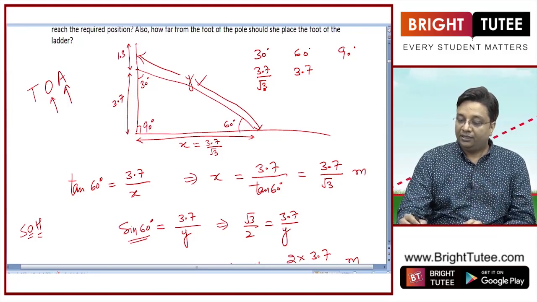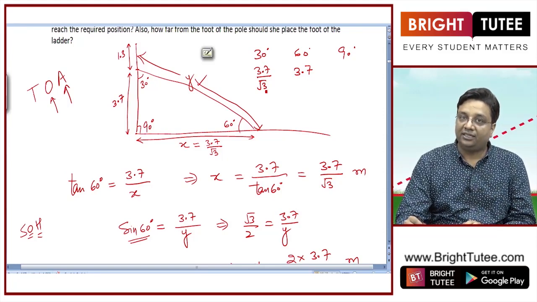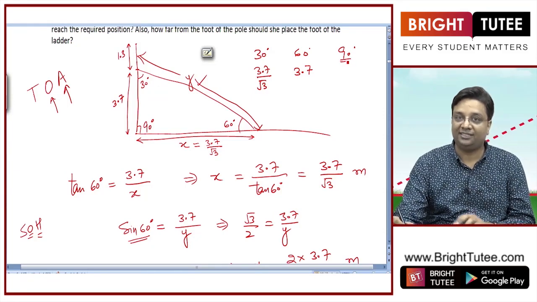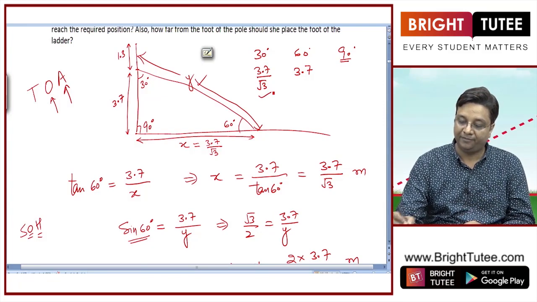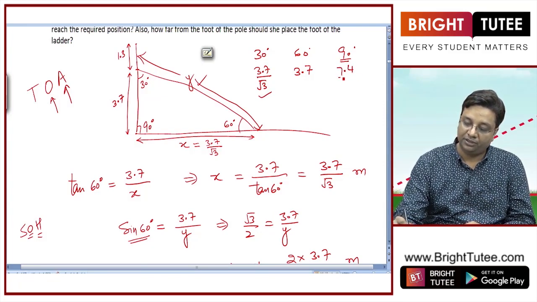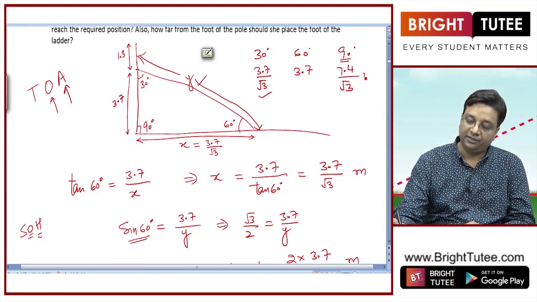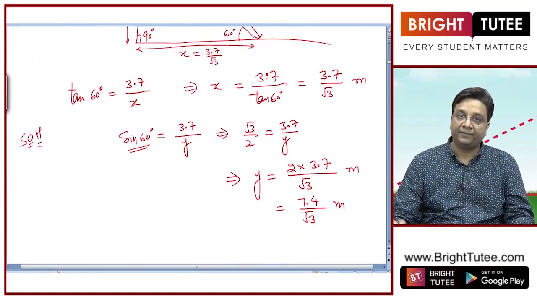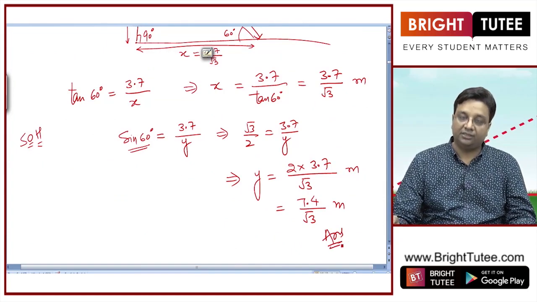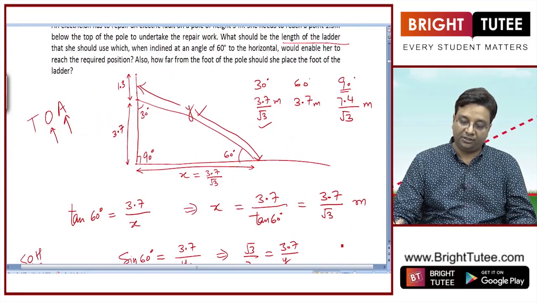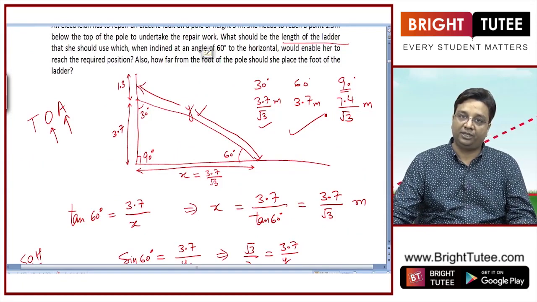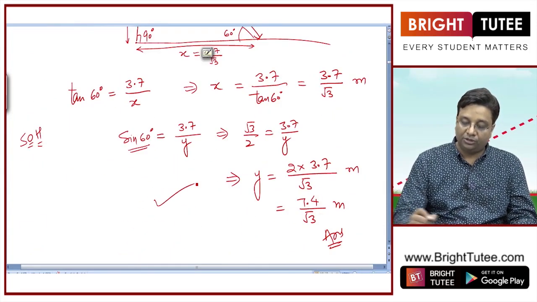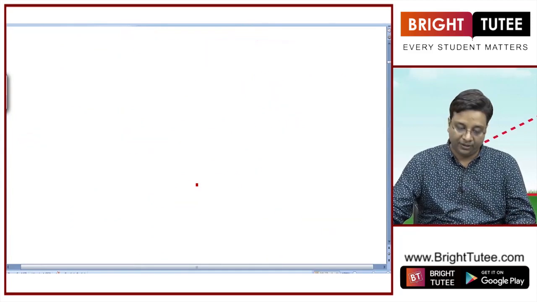So if the side opposite to 30 degrees is 3.7 divided by root 3, the side opposite to 90 degrees is double of this side, which is 7.4 divided by root 3, and the unit is meter everywhere. Okay, so this is our answer for this question. You can answer this question directly in case of a competitive examination, or if you are taking your board examination, you should show the entire working.